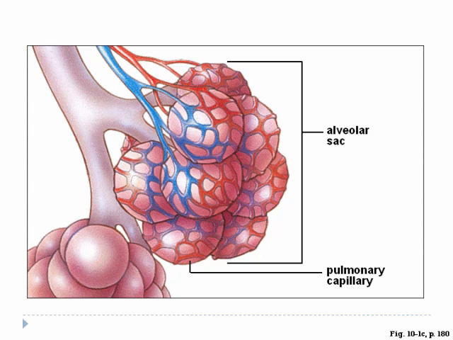This shows you a little bit closer view, but what I like about this is it shows a capillary bed surrounding each of these air sacs. So here's where our blood vessels come to get oxygen.